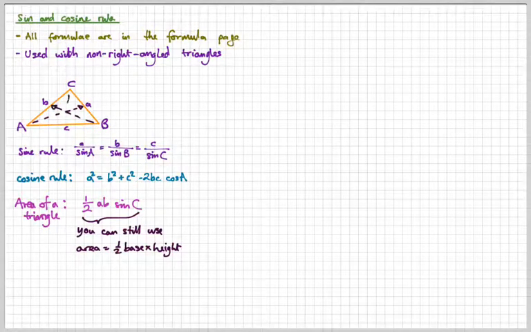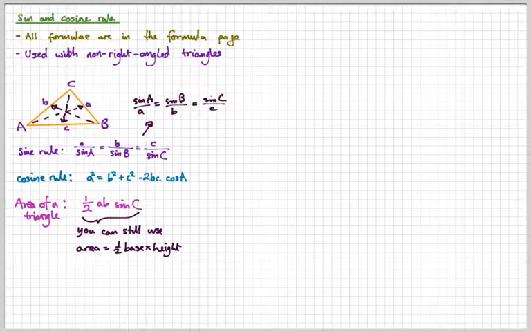So B is opposite B, C is opposite C, and A is opposite A. Something else to note, which we'll look at in probably a later video, is that this rule, although you don't get given it in this form, you could rewrite it as sine A over A is equal to sine B over B is equal to sine C over C. So we can write this rule in this way.